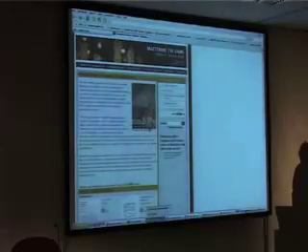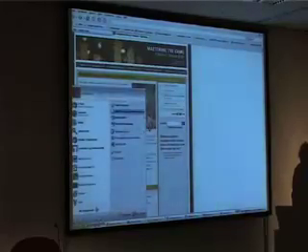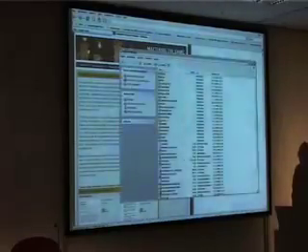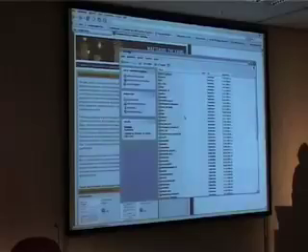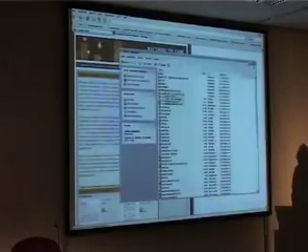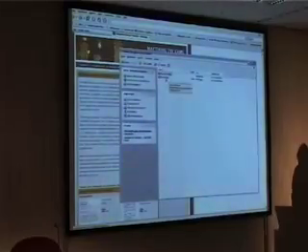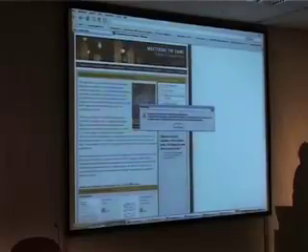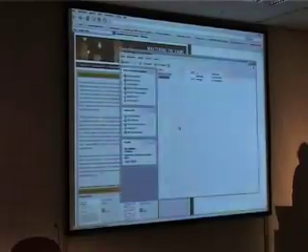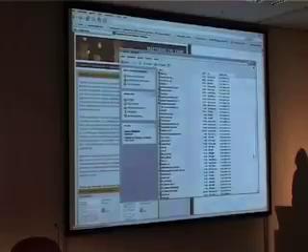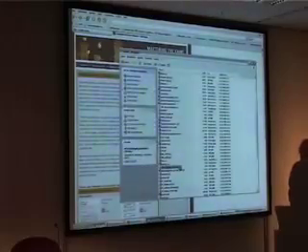Now I show you my hard disk. I think it's not very interesting. Here, this one should work.